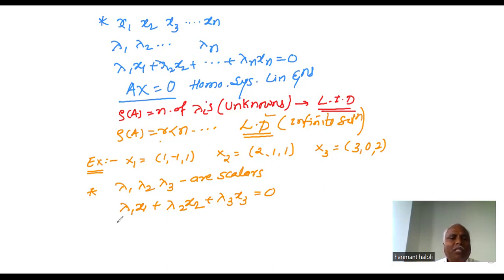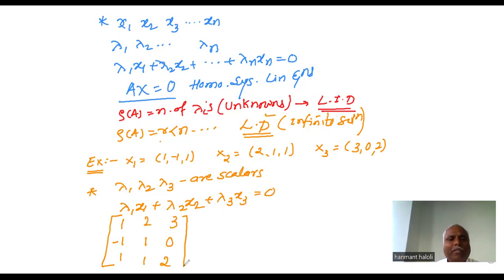Then we consider this system written in matrix form. The given vectors are written in column form: 1, minus 1, 1; 2, 1, 1; 3, 0, 2.